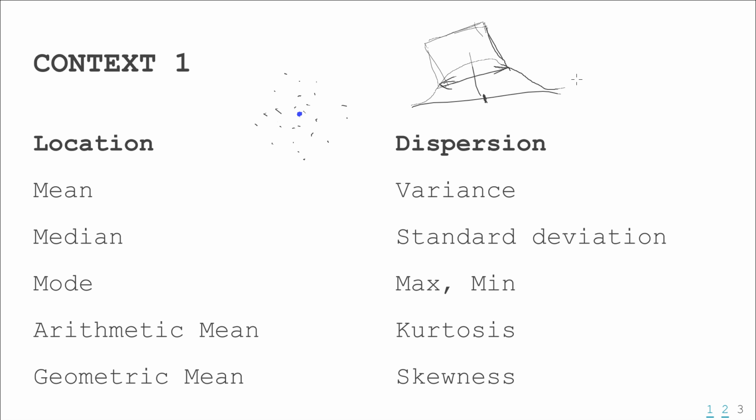Those of you who know about things like standard error may notice that it is missing from this dispersion category, and that's because it's a measure of error about a mean, right? Not a measure about the dispersion of an actual set of numbers.